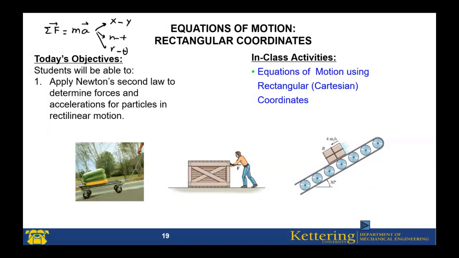Sometimes, according to the problem we need to solve, the forces are along the x or the y directions. We can relate the forces along the x with the acceleration along the x, or the forces along the y with the acceleration along the y.